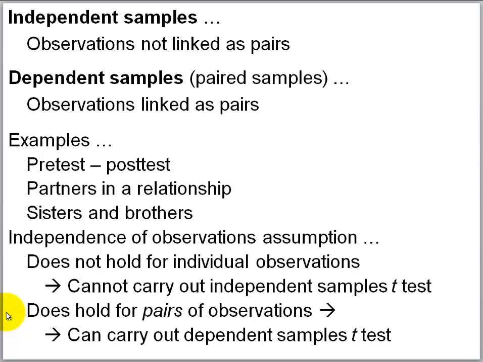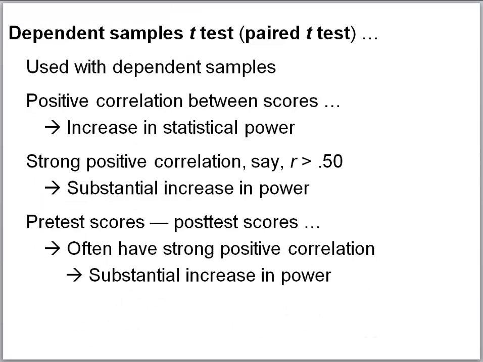So in other words, if we have our sample, for instance, of wives and husbands, the responses or measurements on the first pair of spouses has no relationship to that on the second pair and the third pair. What each pair responds is independent of what each other pair responds. So the independence of observations, though it doesn't hold for the individual observations, it does hold in paired samples for the pairs of observations, and thus you can indeed carry out a dependent samples t-test.